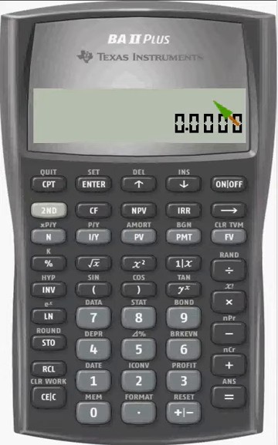Now it is the default setting for ordinary annuity calculation problems. That is how to change the settings on your financial calculator. Next time I will show you some examples of how to use this financial calculator to do the calculations. See you next time.